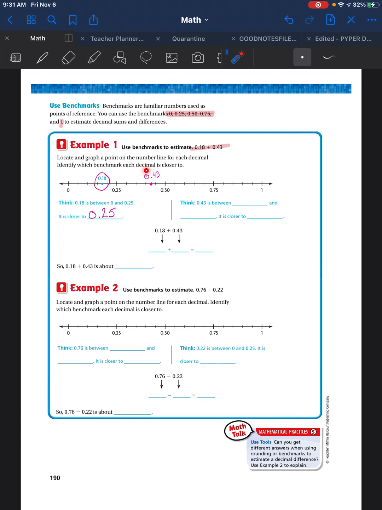It is definitely closer to 50 hundredths. So down here in the blue, we're going to put in our numbers we just discussed. So we take our estimates and we add them together. Well, 50 plus 25 is 75. So it is about 75 hundredths.